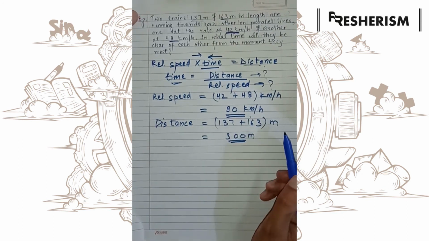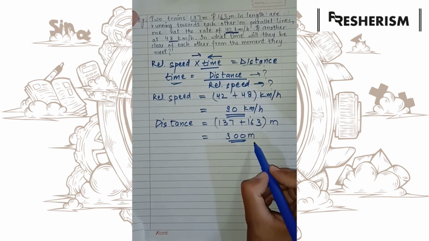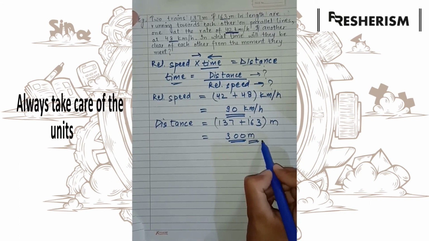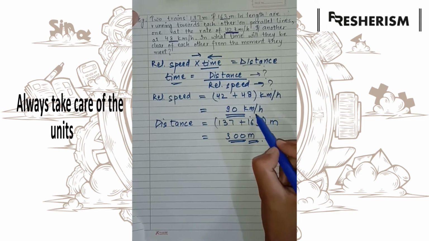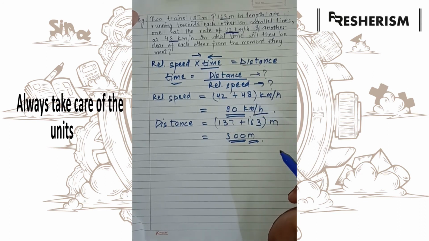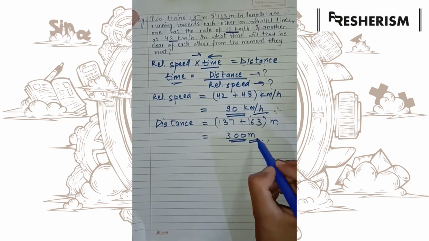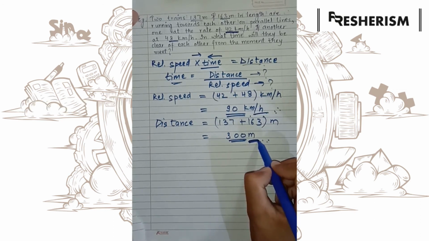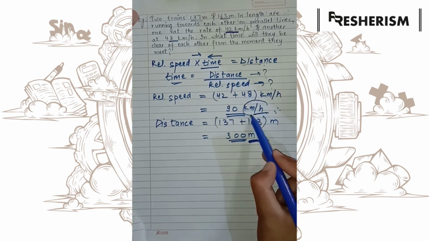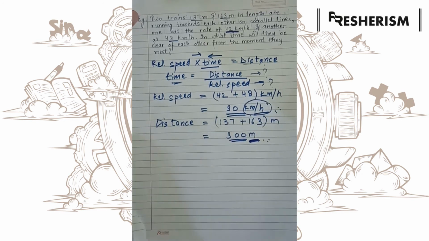Now we have to see one more thing, that the distance we have is in meters and the speed we have is in kilometers per hour, and to find out the time we need to convert either one of the units into the other. That is, either we convert this meter into kilometers or this kilometer per hour into meter per second.